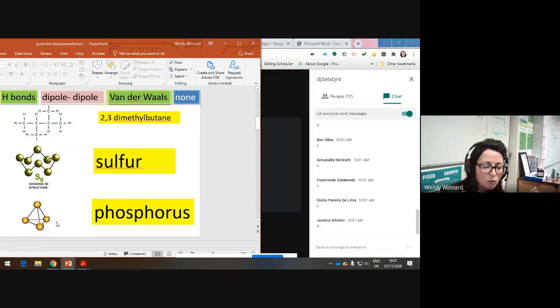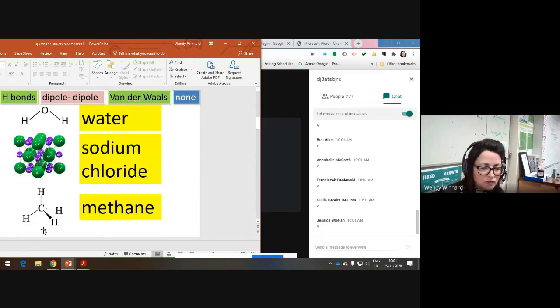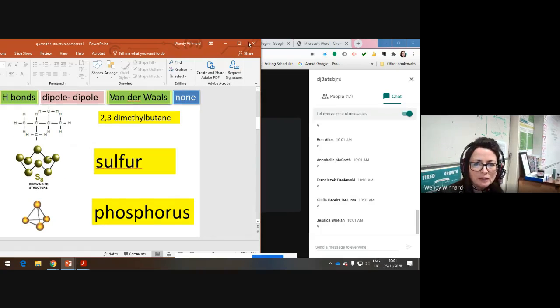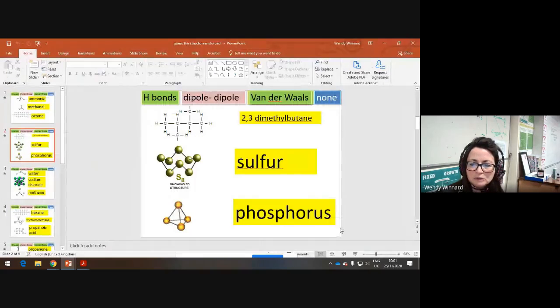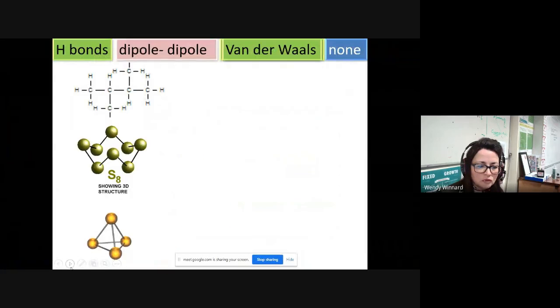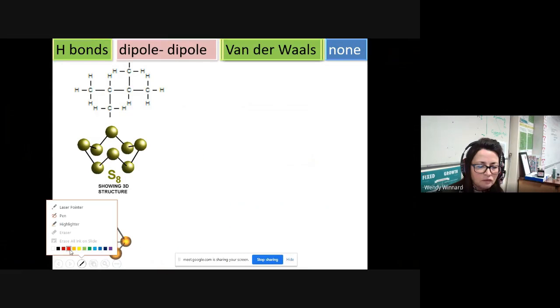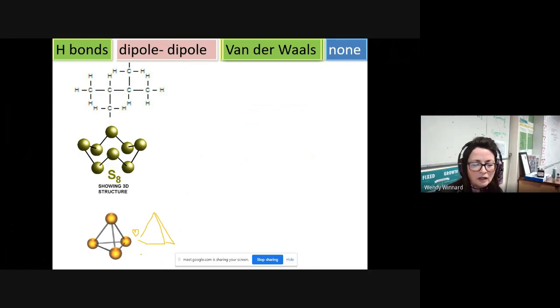So when you bring one phosphorus molecule next to another phosphorus molecule, so that's one phosphorus molecule, let's draw a diagram of another phosphorus molecule next door. So they have this tetrahedral arrangement in the molecule. As they get close, the only attraction that can happen is van der Waals, because they're non-polar, because they've all got the same electronegativity.